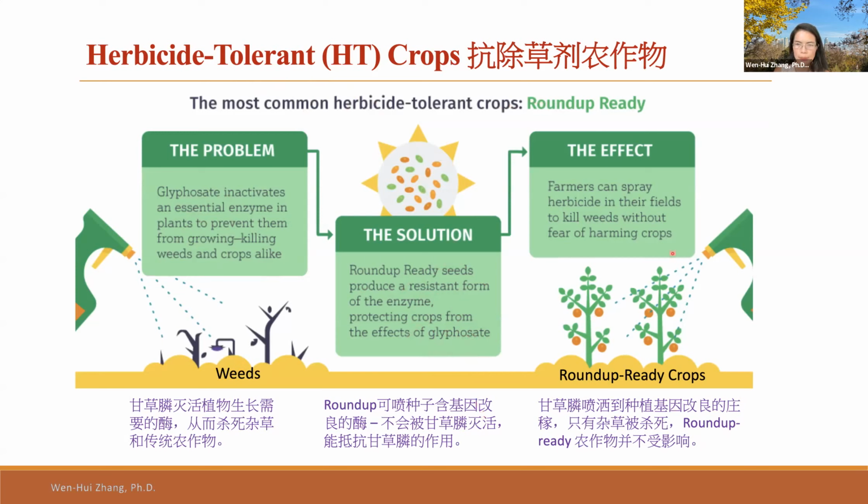So then farmers can spray herbicides in their fields and only kill weeds, because the weeds' enzyme will be inactivated by glyphosate, but the HT crops have this resistant form of the enzyme, so they will not be affected by the Roundup spray.